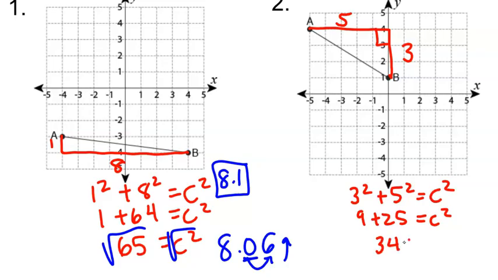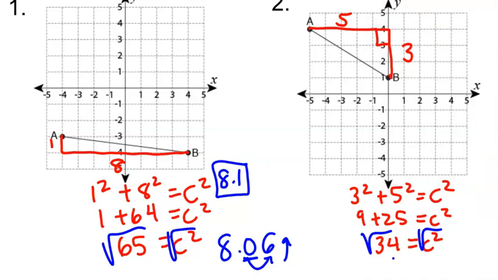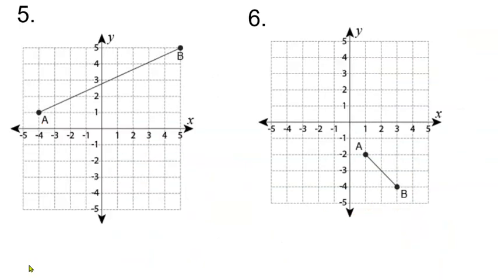This gives me a 34 on the left, and now when I square root both sides, I'm ready to use my calculator. The square root of 34 is 5.83. 5.83 would not round up because the next number is not 5 or higher. So the distance of this one will be 5.8.